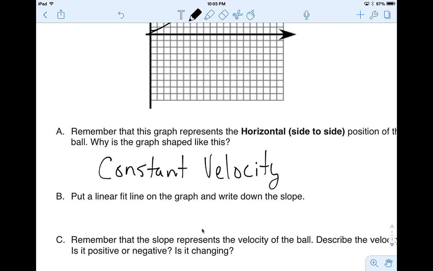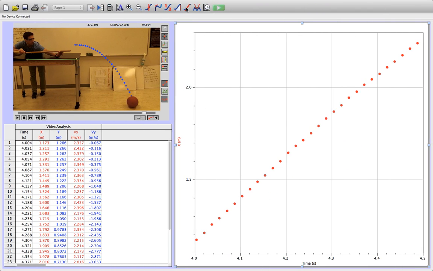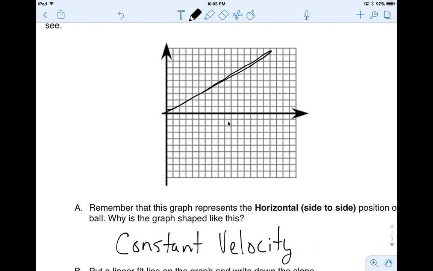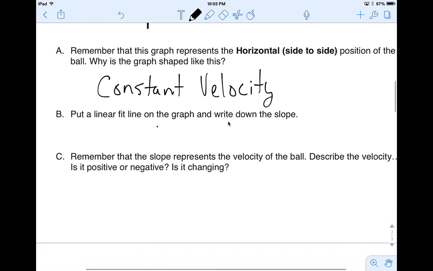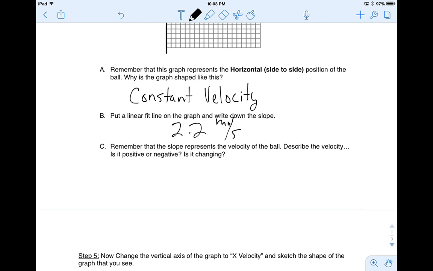Now I was supposed to do a linear fit on there, so let's see what the linear fit is. Looks like I got somewhere around 2.2 meters per second. I think that's pretty close to what a lot of us got. So if you got somewhere around 2.2 meters per second, that's good. So the velocity side to side was 2.2. Now it says, remember that slope represents the velocity.